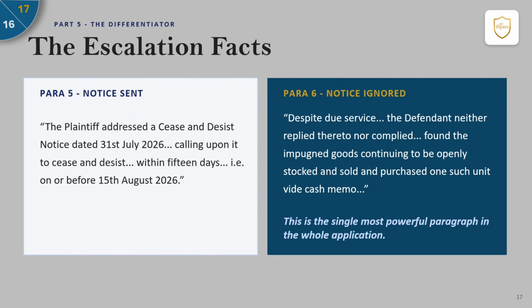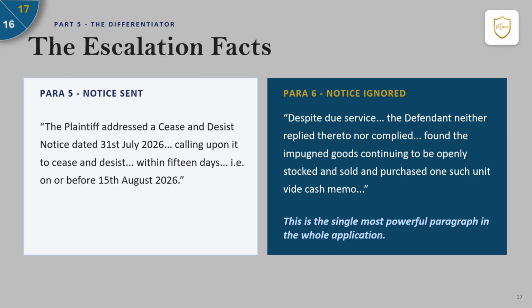Paragraph 5 recites the notice, like the date, the demand, and the deadline. And paragraph 6 is where the real work happens. Like, despite due service, the defendant neither replied nor complied, and our client found the goods still on sale after the deadline and purchased one as evidence.